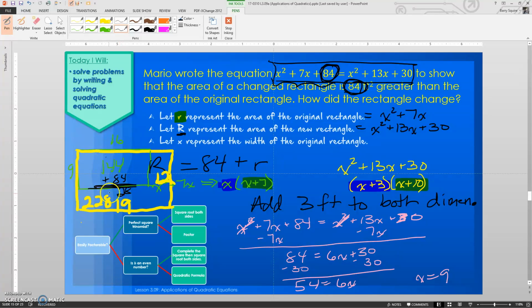Carry the 1, and we get 2. So it is. So we do have a correct answer that in order to make this happen, we need to add 3 feet to both dimensions. So this last part that I did with the pink and the 2 rectangles, you don't need to do that to answer the question, but it's a good way to check your answer.